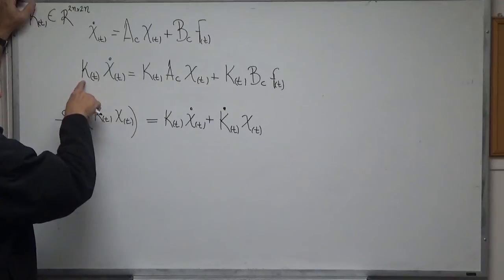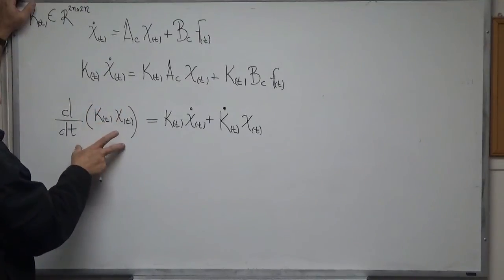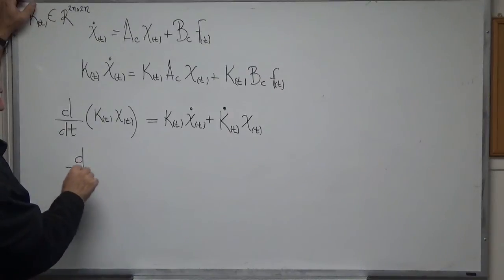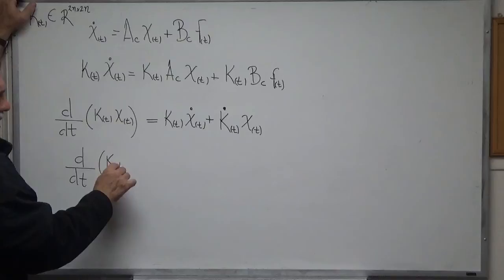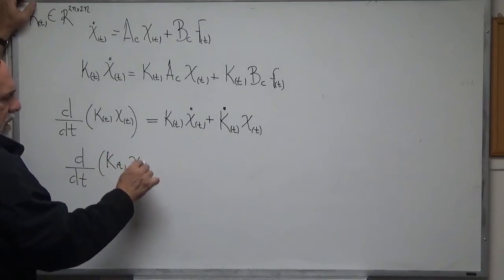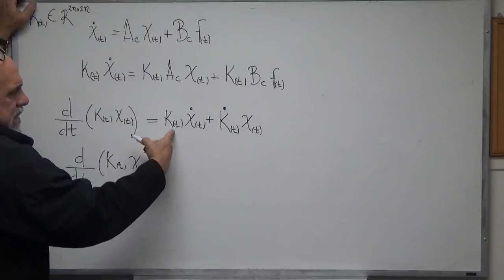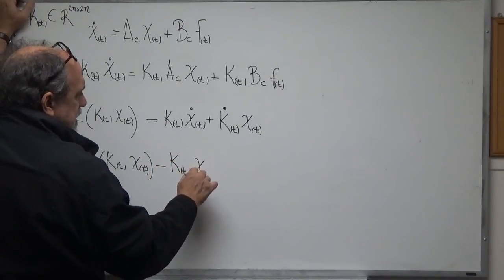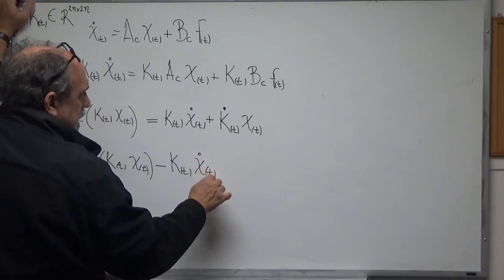Therefore, replacing X dot of t by this minus that, we have that the derivative with respect to time of K of t times X of t minus K dot of t times X of t, right?